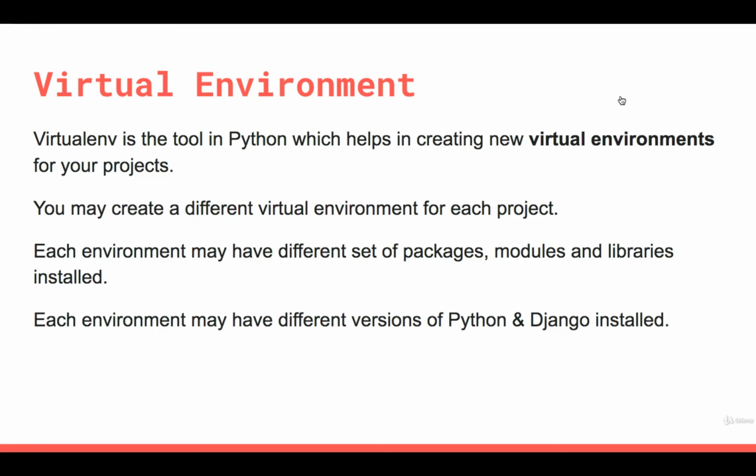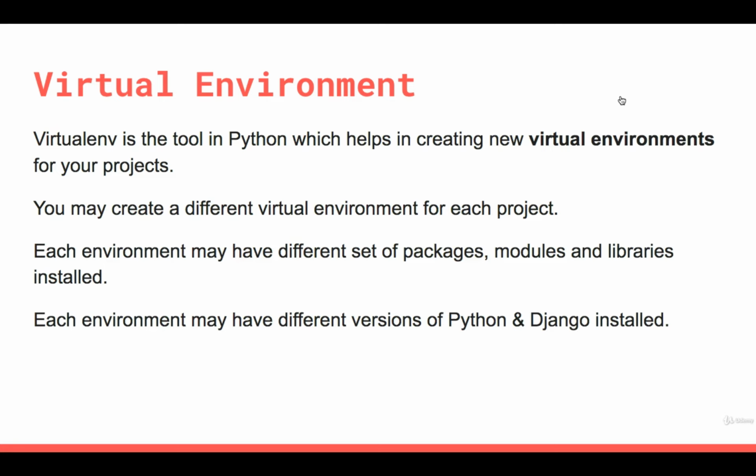Without even installing Python 2 and Django 1 on your machine, you can create an isolated environment using virtualenv, install Python 2 and Django 1.11 in that environment and use it to run your application.